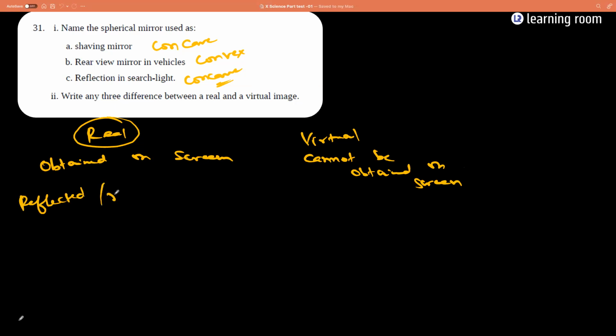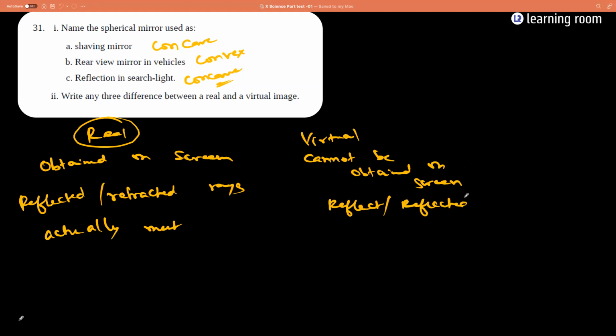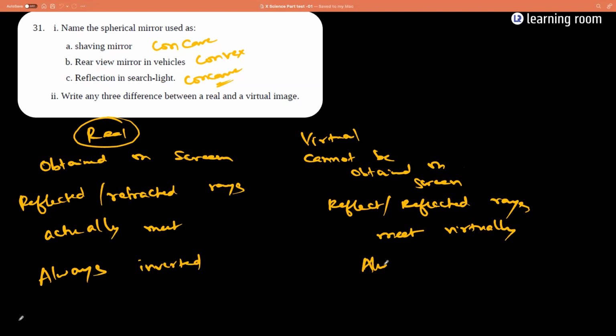The reflected or refracted rays actually meet, whereas for a virtual image the reflected or refracted rays meet virtually. Then what else is there? Real images are always inverted and virtual images are always erect. So these are the differences.